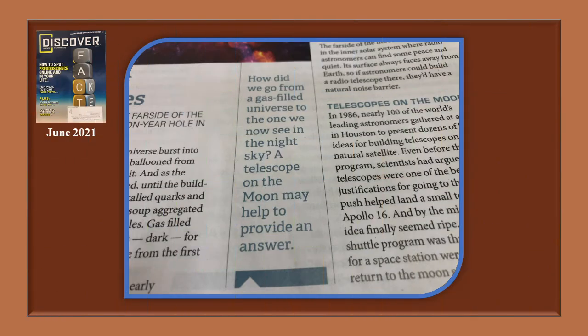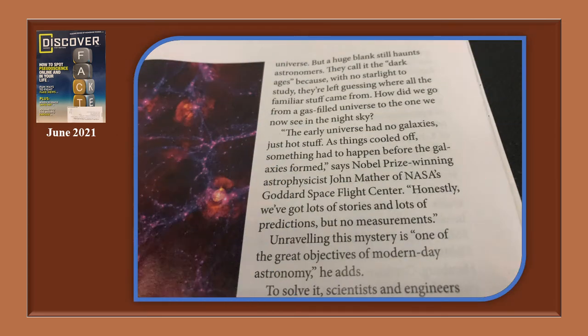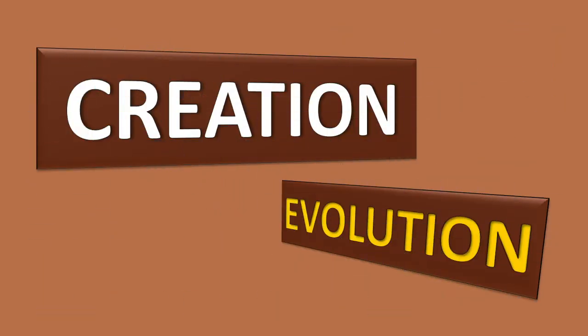The early universe had no galaxies, just hot stuff. As things cooled off, something had to happen before galaxies formed, says Nobel Prize-winning astrophysicist John Mather of NASA's Goddard Space Flight Center. He says, quote, honestly, we've got lots of stories and lots of predictions, but no measurements. This is what we've been saying all along.